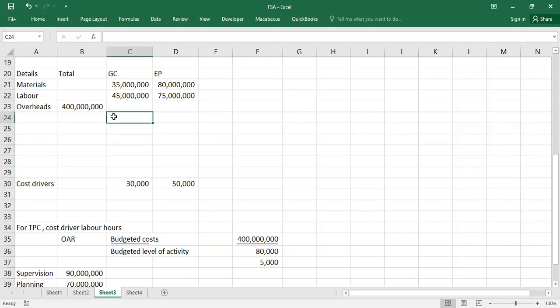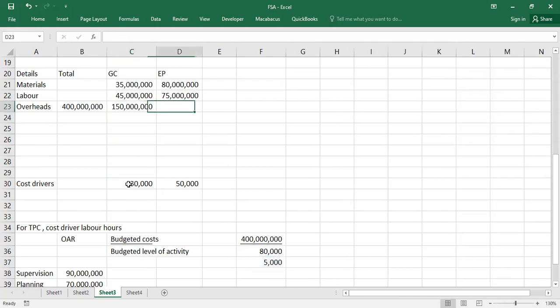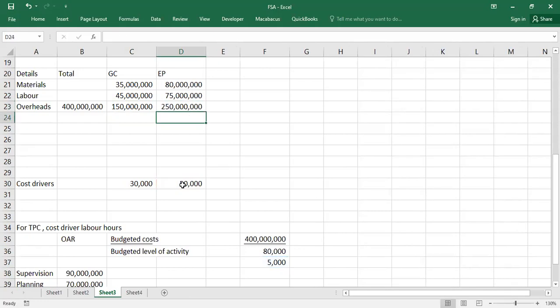Now, step 4, you absorb. How we absorb is you take the OAR that you've computed times the level of activity under each. So for GC, it was just 30,000. Then for EP, it's still the OAR times the level of activity under EP, which is 50,000. By doing this, you have allocated all overheads at once. Which is dangerous, but we have done it.